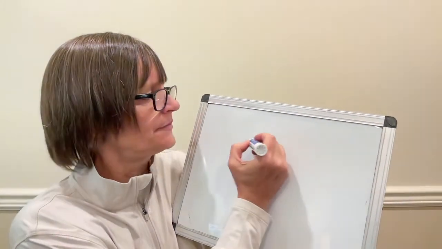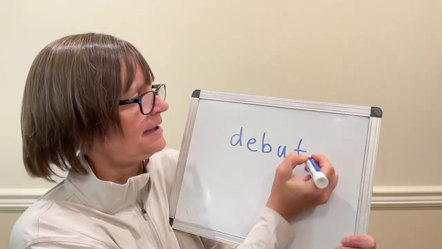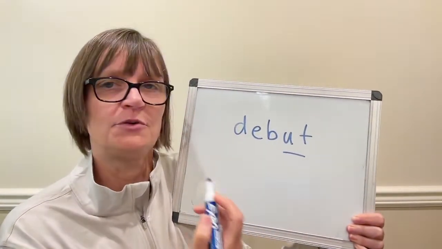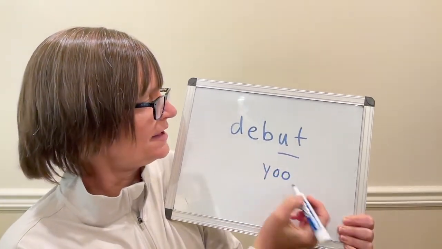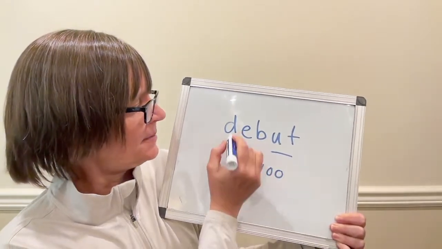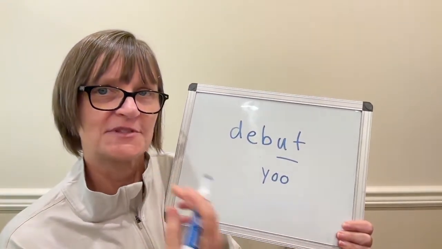Okay, we have a question about the word debut. So I do have a video for debut. It's stressed on the second syllable, and this is an example of a word where the letter U says the y sound. So we want to make sure we have the U there with the y. Debut. The T is silent. And the E in the first syllable, even though it's unstressed, has some secondary stress.